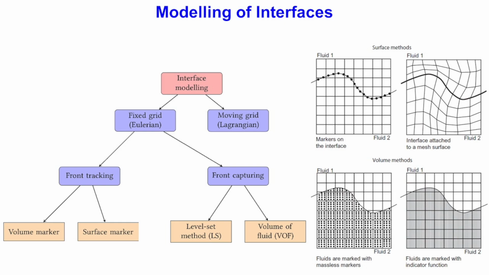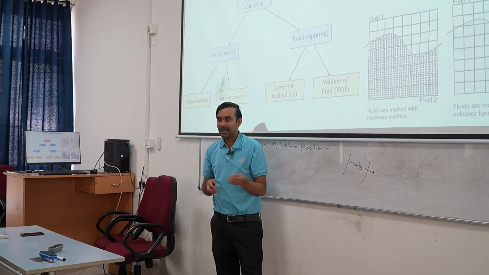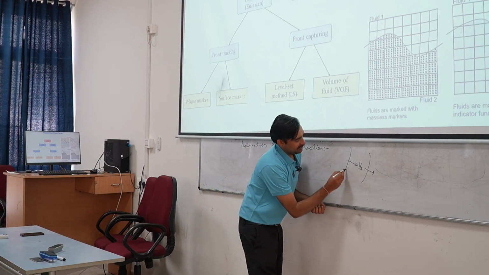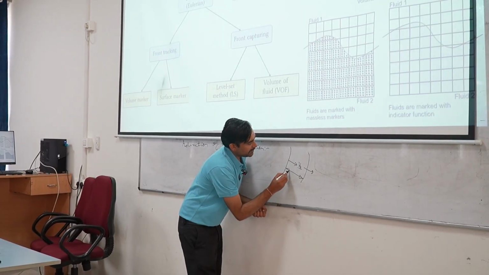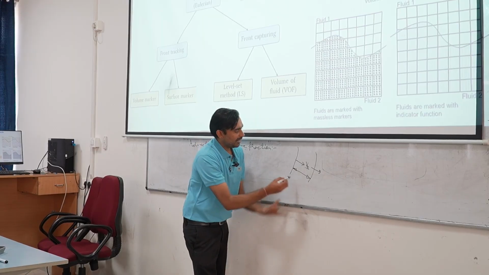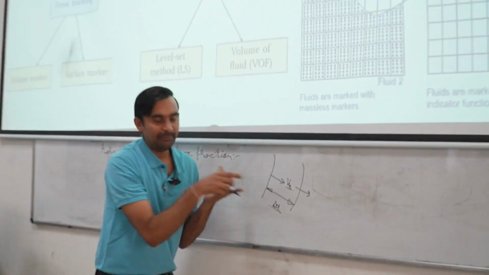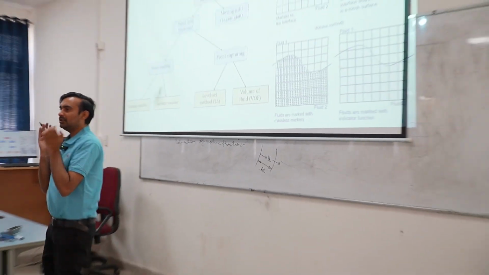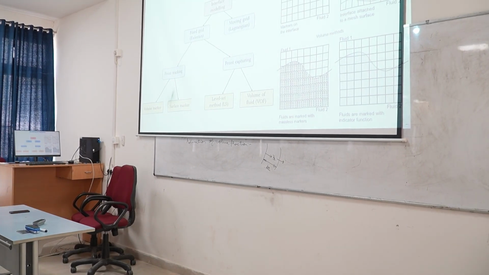Is this point clear? So, if I can calculate the velocity in the direction normal to the interface, then that normal component will simply shift this entire line to some new position, and how much jump will be taken from this point to this point will be decided by the time difference between these two instants. Is this point clear?